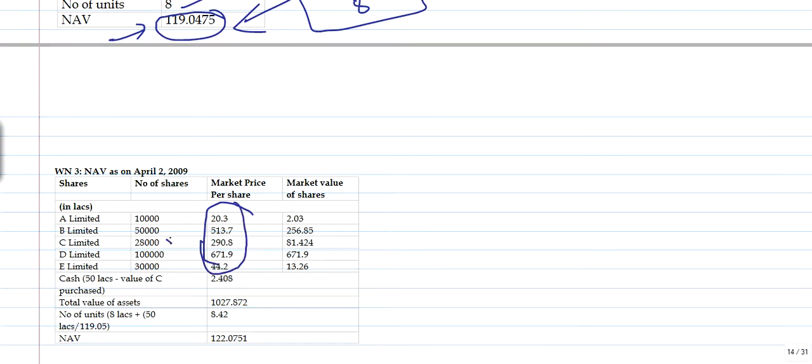But the thing is, this has changed because Mr. X invested 50 lakhs. We have cash also, very important. Multiply and add cash also, you will get the total market value, divide by the number of units, and get the NAV. Simple question.